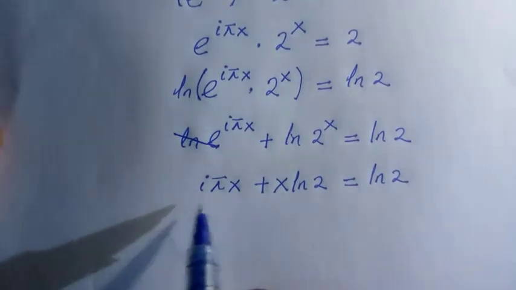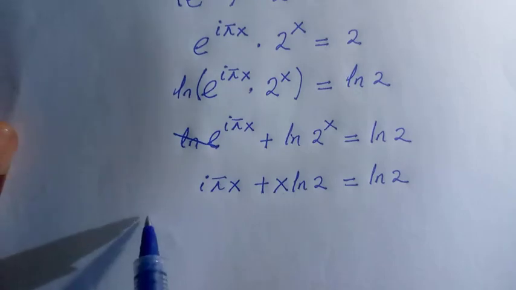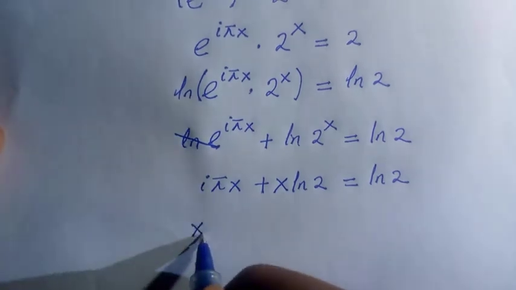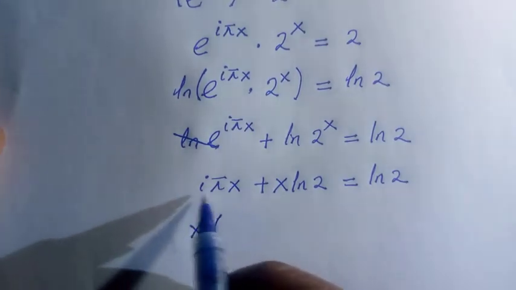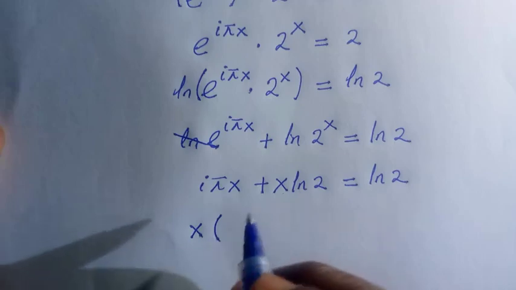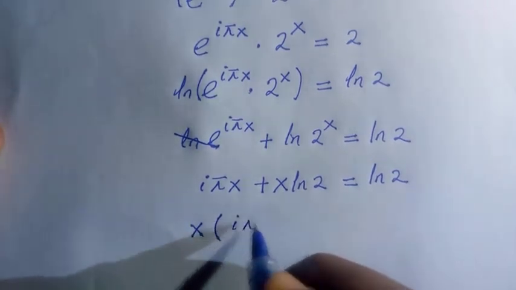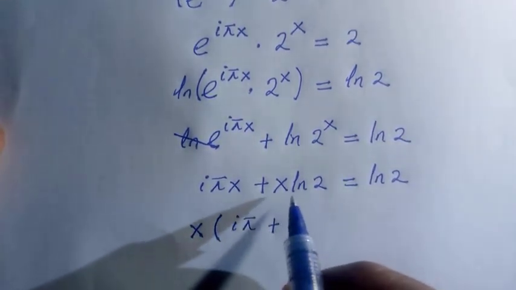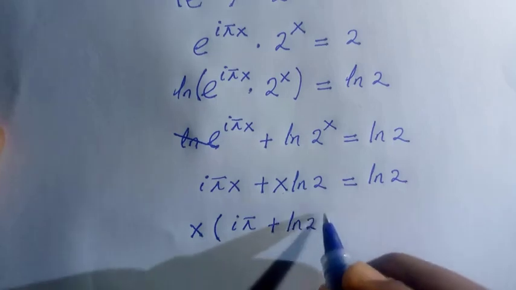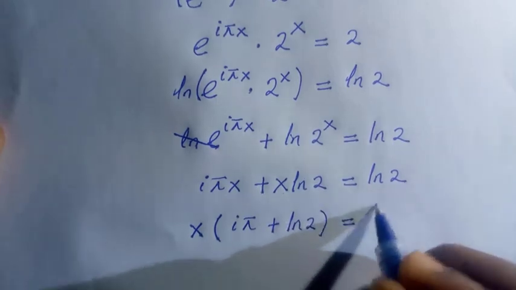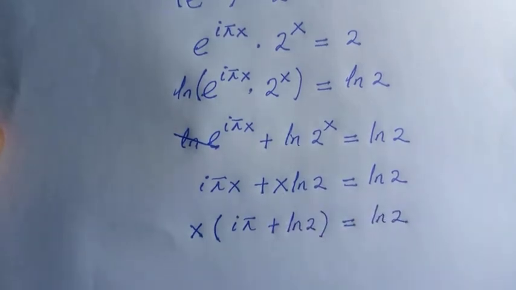And next, since we need the value of x, we have to factor out x. By factoring out x, in the parentheses, when we divide i pi x by x, we have only i pi, plus, and we divide x ln 2 by x, we have ln 2, then everything equals ln 2.